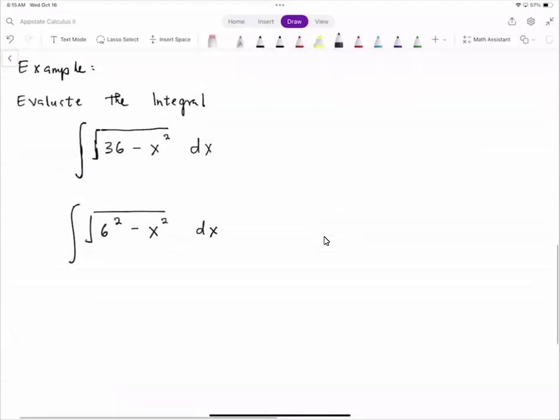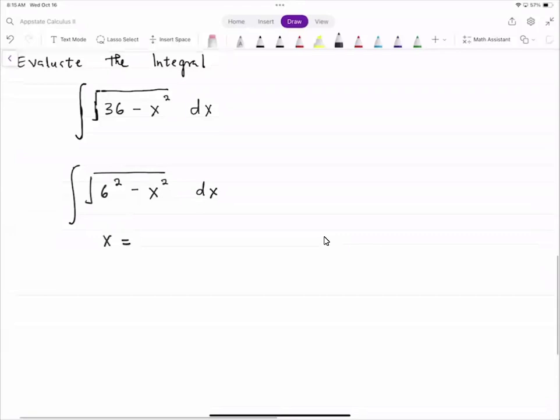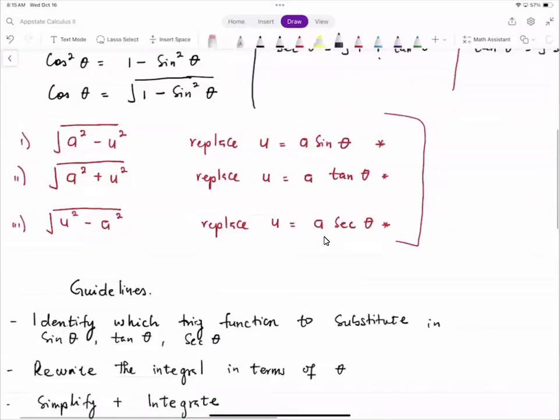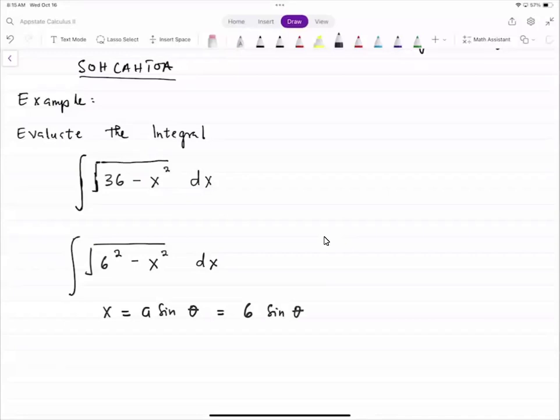So we are going to let x equal, remember here it says a sine theta. But what is our a? Here our a is 6. Is that okay? And so we are going to say x is equal to 6 sine theta.